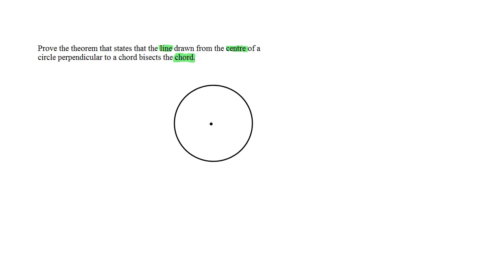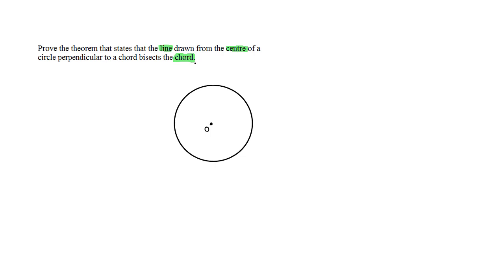You could call your circle anything, but you would go with whatever label they used in your diagram. We're going to call our center O like usual. So there we go, we have the first part of the theorem. We have our center, and we also have a label for our center.